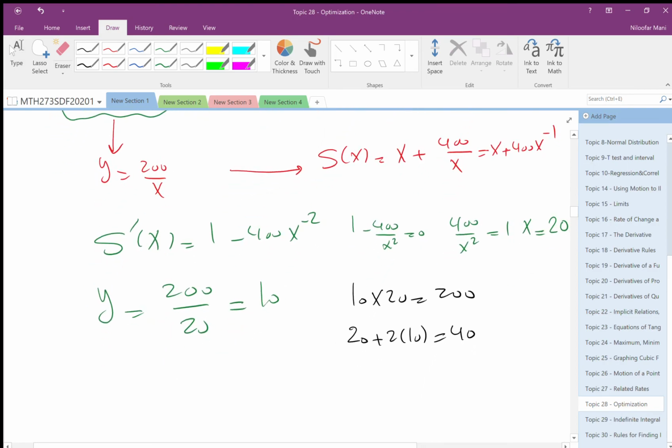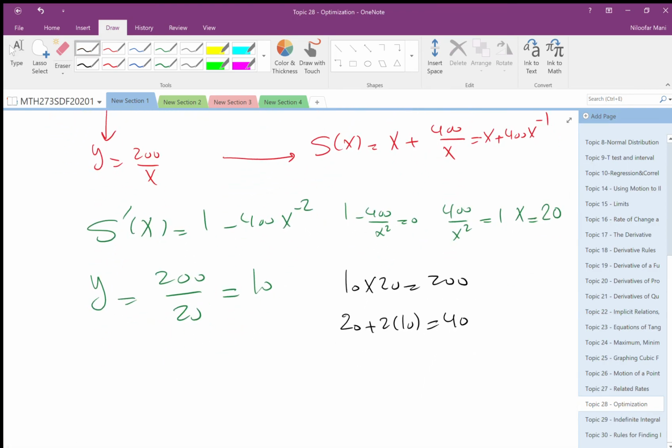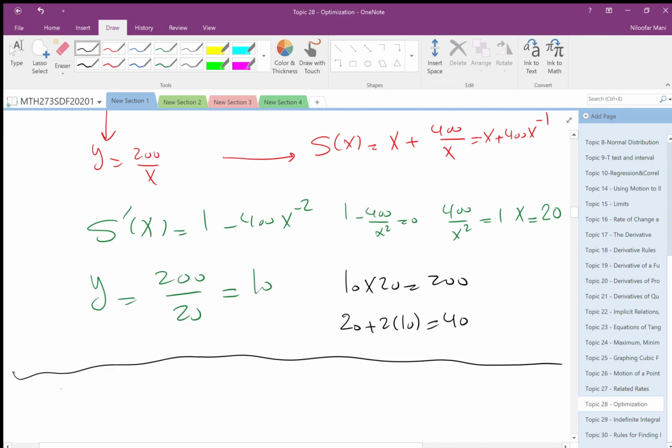So let's try some possibilities. Some possible answers are 1 times 200. If I do 200 plus double 1, that is 202, or 1 plus 400, because it says the other is doubled.